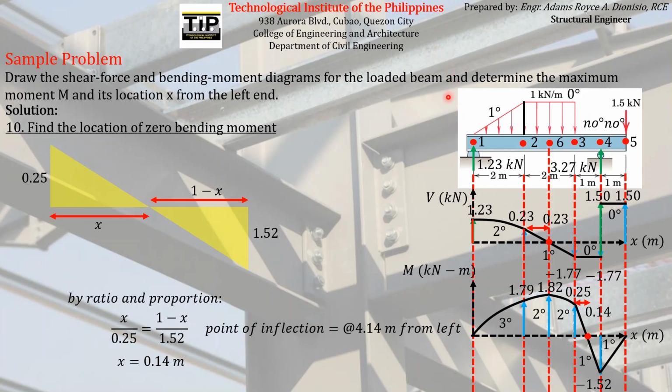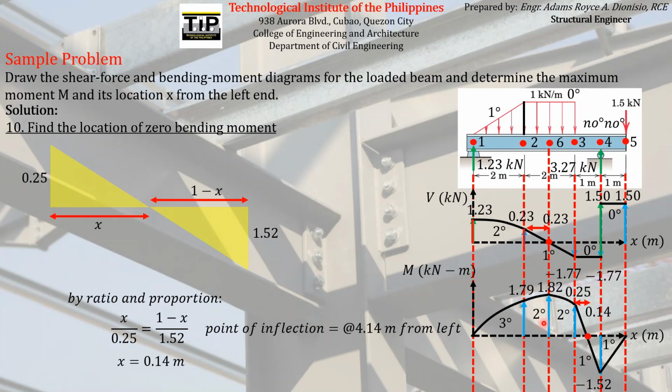And just like what the question asks, it asks the maximum bending moment and its location. We can easily locate that maximum bending moment using the graph. We just have to search for the point or location which has the largest ordinate, which is obviously this, located 2.23 meters from the left end.